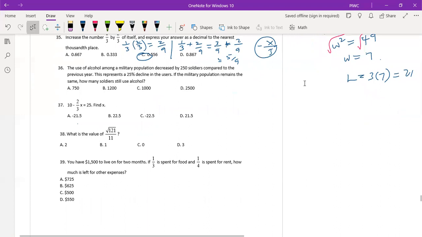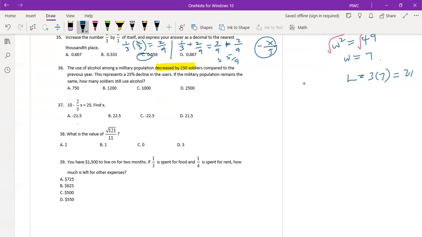Okay. So 36. The use of alcohol among the military population increased by 250 soldiers, compared to the previous year. This represents a 25% decline in the users, so it decreased. If the military population remains the same, how many soldiers still use alcohol?